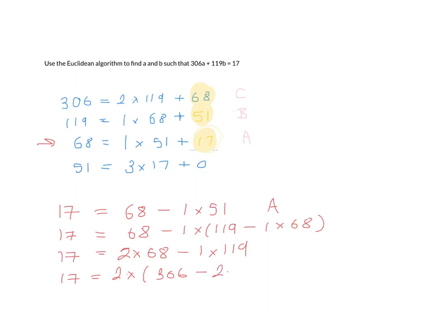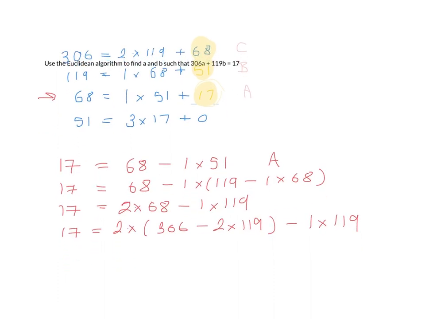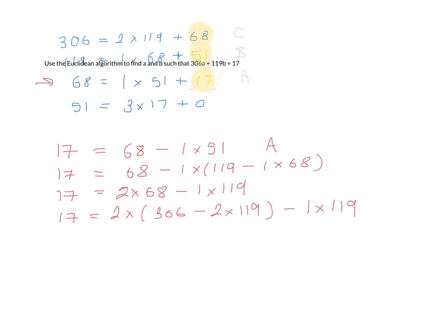Take away 2 lots of 119. We can just move that up a little bit, sorry. And multiply out the bracket.